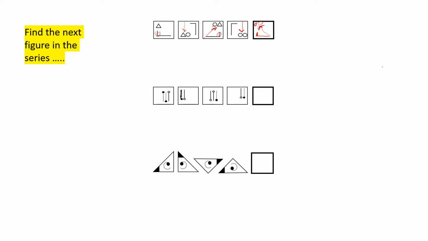For the second set of boxes, we have just these very simple sticks with circles at the end of each of the sticks. And then we need to recognize that we have the pattern 3, 2, 3, 2. So for the fifth box, we will have to have three figures.